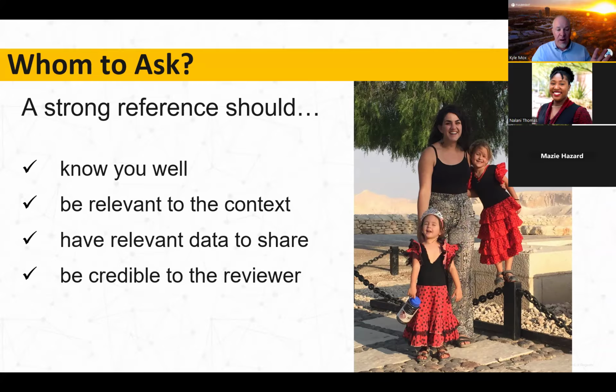Perhaps you've babysat for this family for years and years. They know you super well. There's this lawyer and a doctor and people of great respect in the community, but are they relevant to the context of you wanting to teach English in Timor-Leste, right? And really thinking, do they have relevant information to share, or is it more general praise?